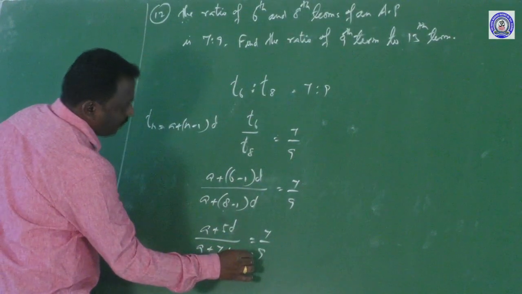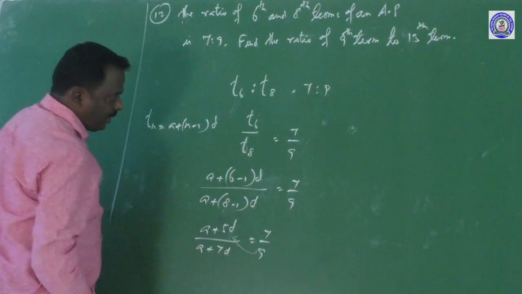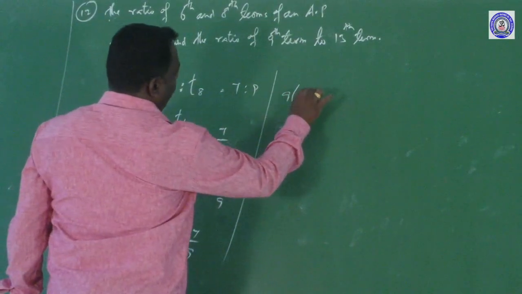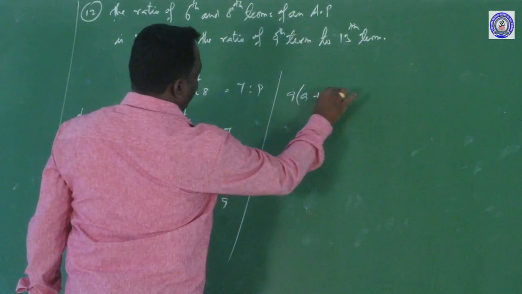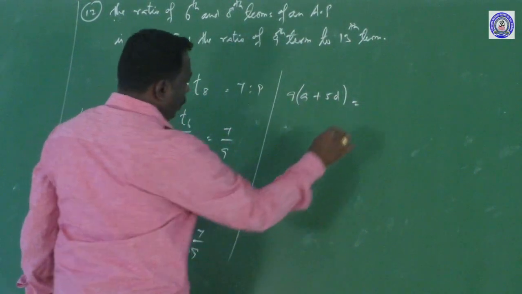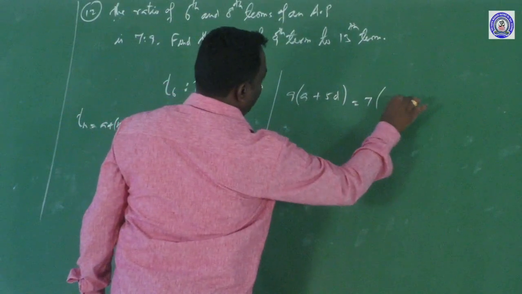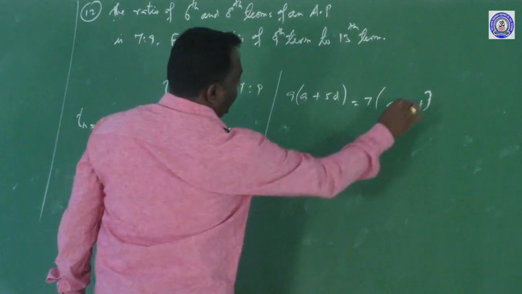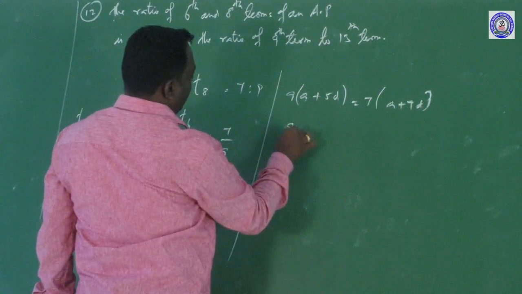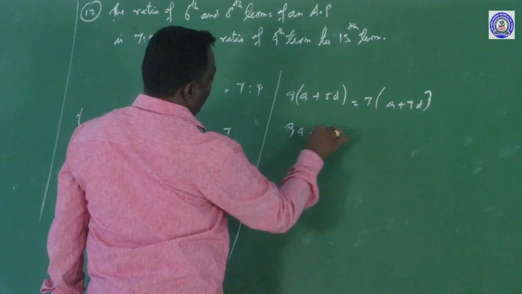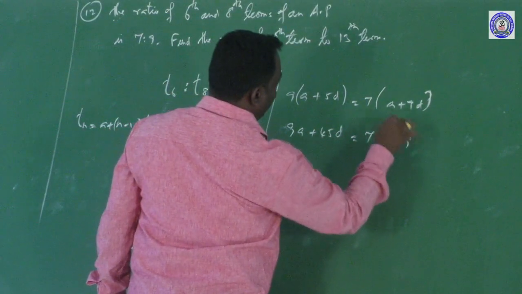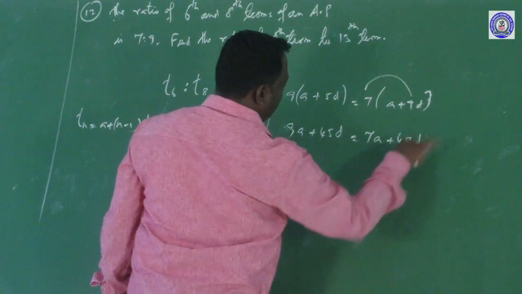Cross-multiply: 9 into A plus 5D is equal to 7 into A plus 7D. Now multiply out: 9A plus 45D is equal to 7A plus 49D.